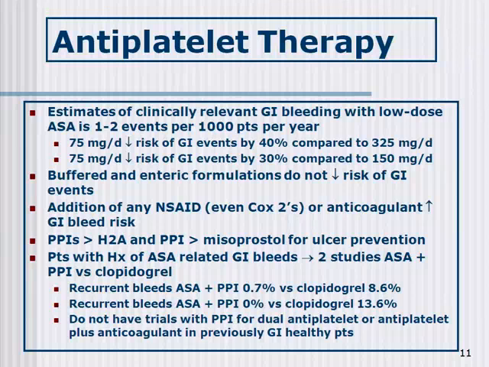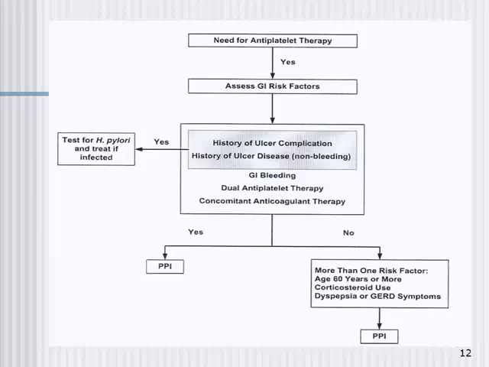The interim results when the trial was stopped were pretty convincing that, one, the proton pump inhibitor did not interfere with the effect of clopidogrel in terms of reducing cardiac events, but it did reduce the number of GI events that occurred. So I think most of us feel confident that proton pump inhibitors are effective.